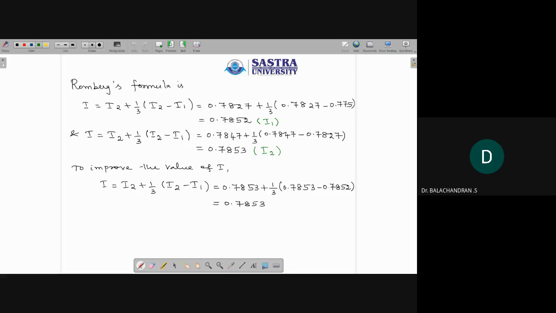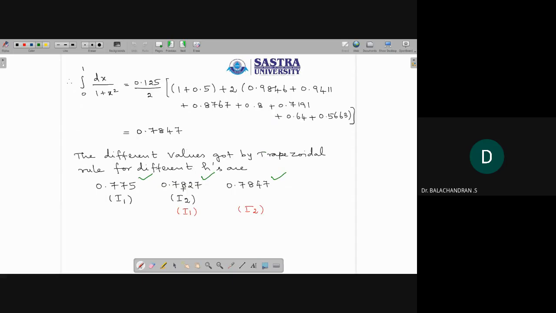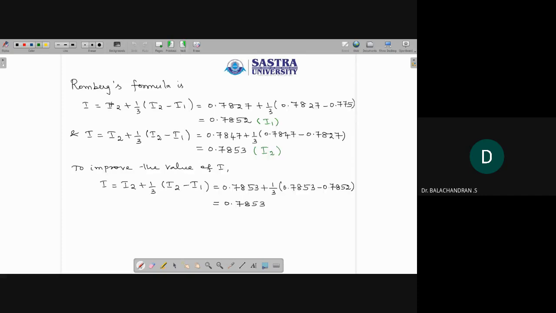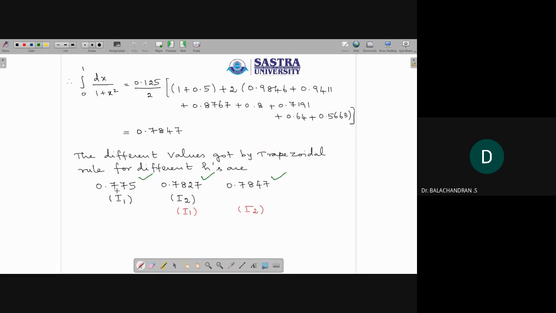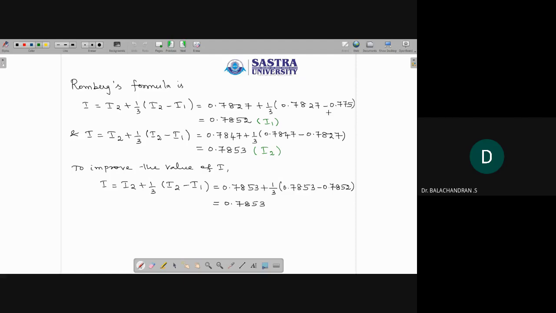What is I2? I2 is 0.7827. Plus 1 by 3, again I2 is 0.7827, and I1 value is 0.775. So I got one value. I will take that value as I1.